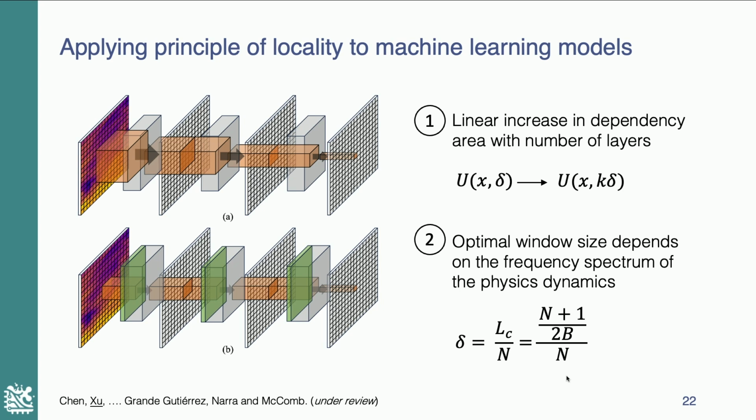Those windows that you define to partition your domain are going to depend on the frequency content of your solutions in those domains. So you can approximate the delta of that window by looking at how many points there are within that domain and what the frequency associated with the solution is, for example a velocity solution in that domain, in order to choose the appropriate window.